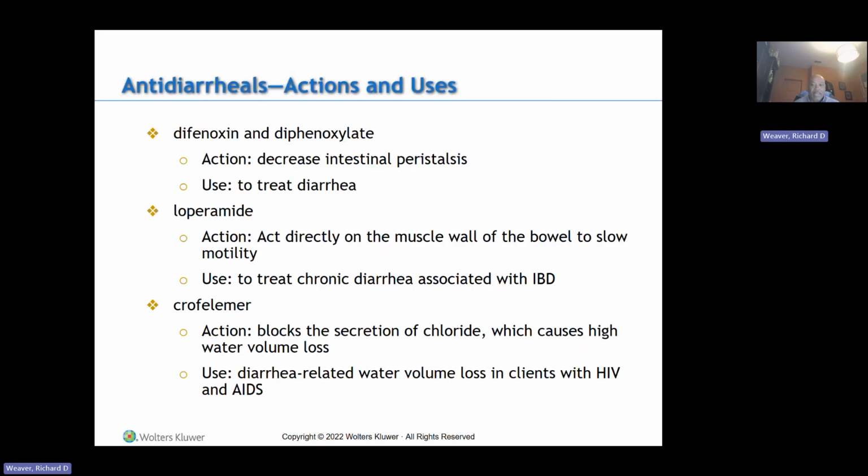Now, a drug dependence potential also exists, because we are talking about something that's related to opioids. So these patients can become addicted to these drugs, right? So because of that, these drugs are going to be combined with atropine, which is a cholinergic blocking drug. All right.